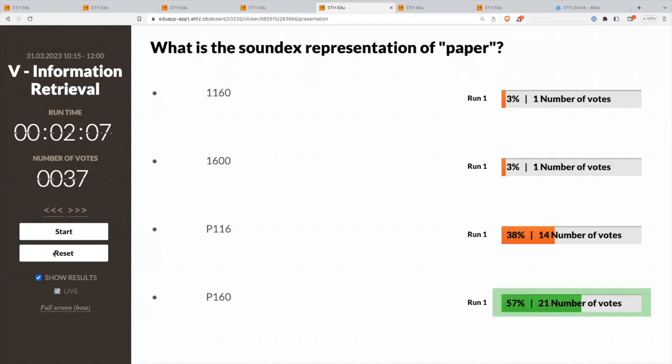So how is this done? Well, first, you need to remember that the first letter is not encoded to a digit. So the first letter, P, stays that way without being encoded into a digit. So it's P, and then you have A, that's a 0, then another P, that's 1, then E, that's 0, it's a vowel, and then R is 6. So at that point, you have P0106.